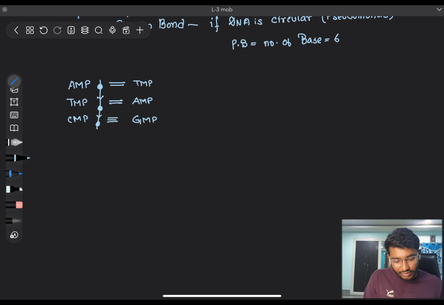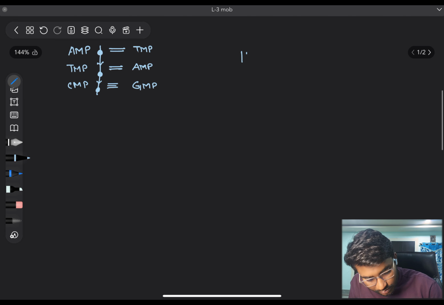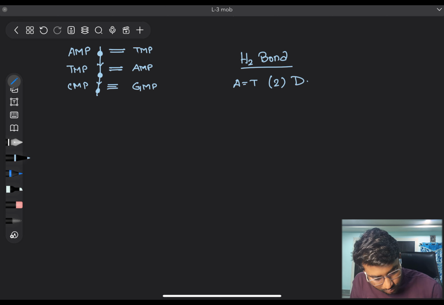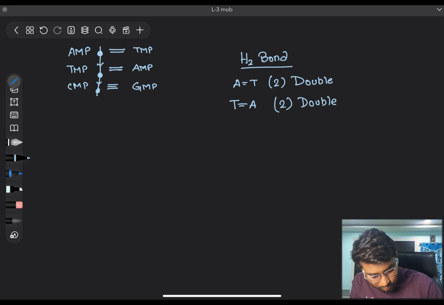So have you got it? Now hydrogen bonds: A double bond T, 2 double; T double bond A, 2 double; G triple bond C, 3 triple; C triple bond G, 3 triple.